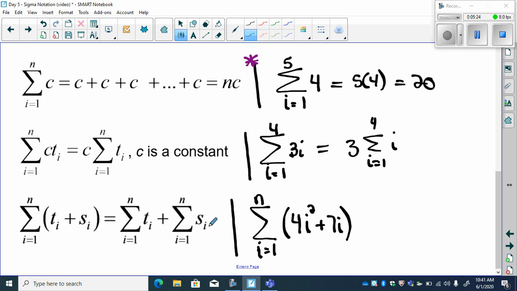Here, if we're finding the sum of something like this, we can break it into monomial summations, they're called, so into two individual sums. So it would be the sum from i equals 1 to n of 4i squared plus the sum from i equals 1 to n of 7i. Now if that was a minus sign in between here, I just change that to a minus sign.